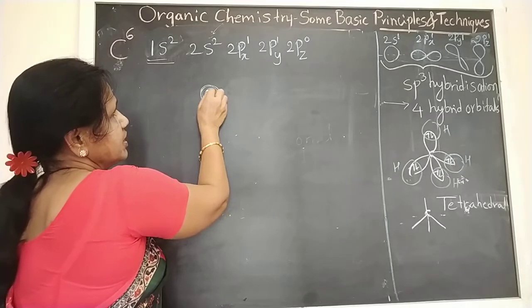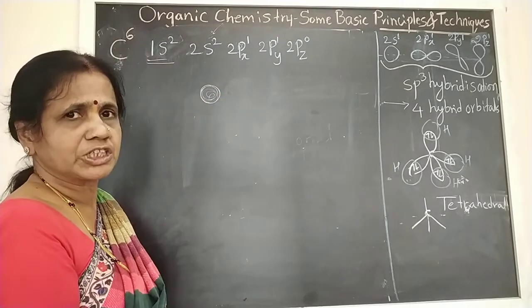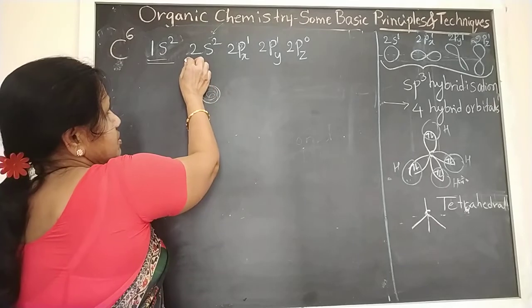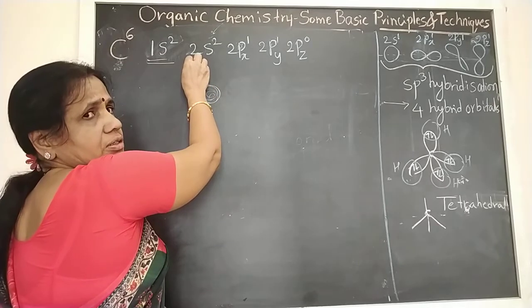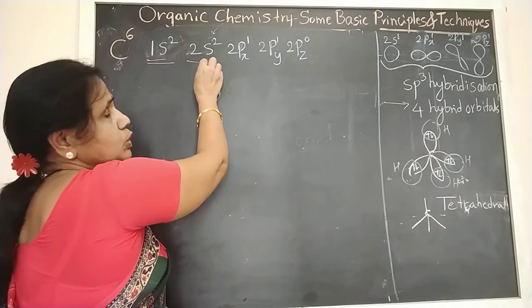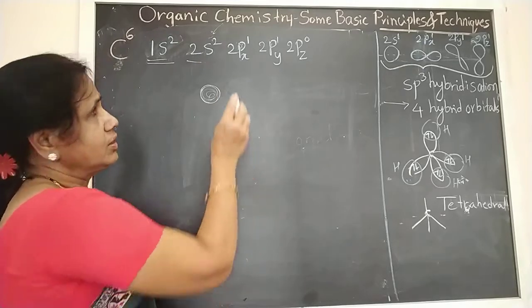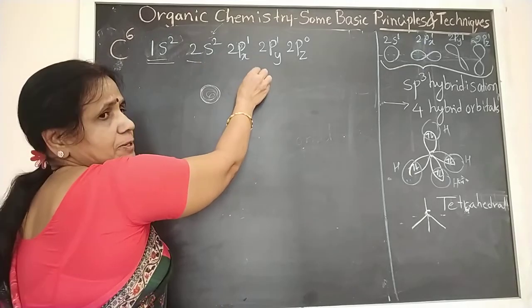In the second shell, two subshells are there, s and p.